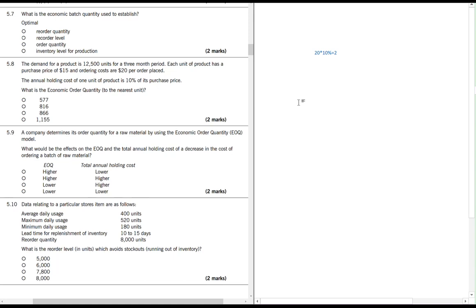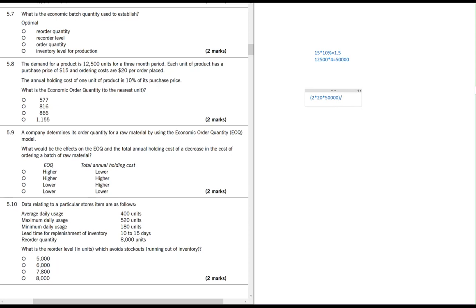So it becomes 10% of the purchase price, which is 15. And then other than that, it is 2 multiplied by cost of ordering, 20, multiplied by demand. And remember, demand is for 3 months. This is another complication. We need to convert it to a year, which will be multiplying by 4, giving 50,000. So in economic order quantity, everything has to be in years other than the ordering cost.